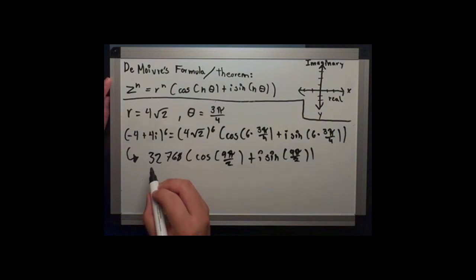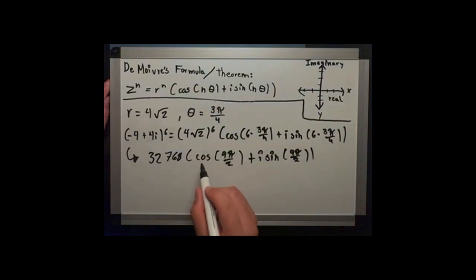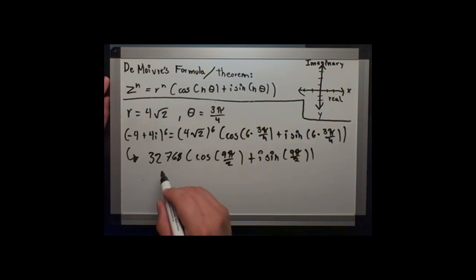Now, when we want to distribute, we'll multiply this part first and then this one. When we think about this one, the coterminal angle is going to be pi over 2, in which cosine is going to be 0. So if you were to multiply this number, 32,768, by 0, it will give you 0.